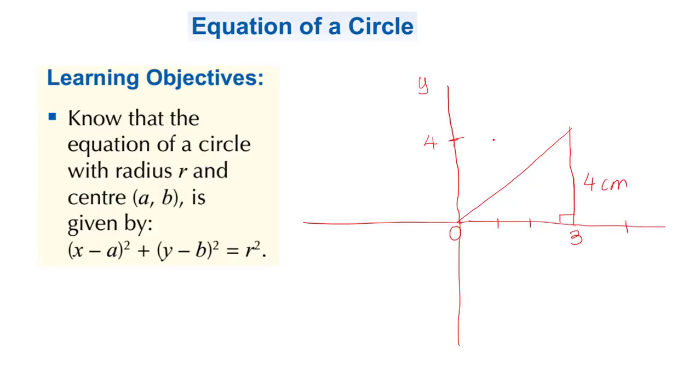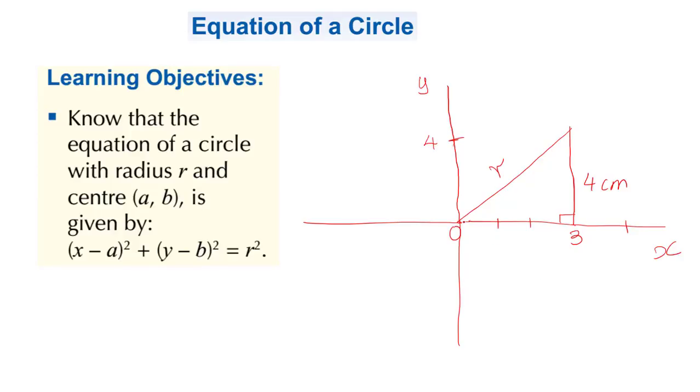So this is going to be the x-axis, and that's going to be the y-axis. The height of this triangle is 4 centimeters, and that's the same as the value of y at that particular level. What I want to do now is to work out what this line is. So I can call that line r.